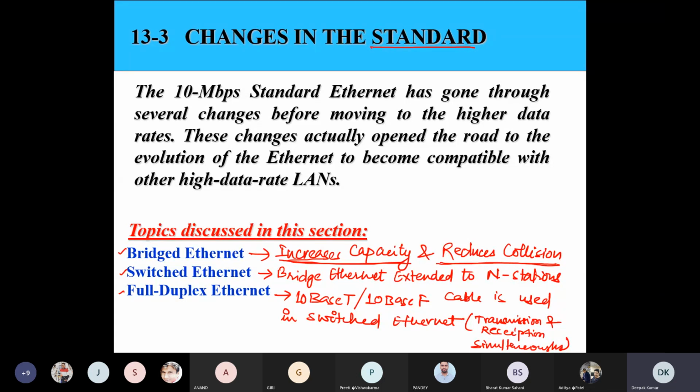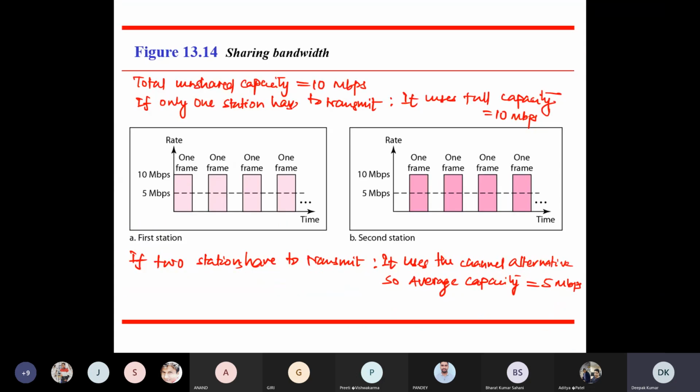We will see here. Suppose a network has only one sender at a time, and the maximum rate that can be supported by the channel is 10 Mbps. Maximum capacity is 10 Mbps, and only one station transmits at a time.